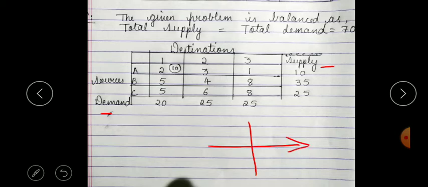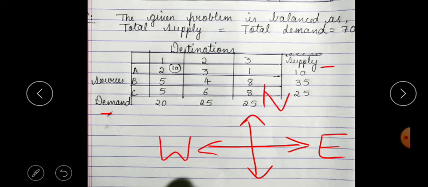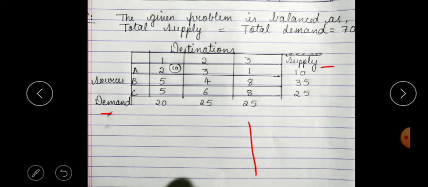If you see the map, any map of India or any map you want, always remember these are the directions: east, west, north, south. This is the general convention. So where is the northwest side? It comes between north and west. The same logic we are going to follow here. Northwest is always the top left corner.